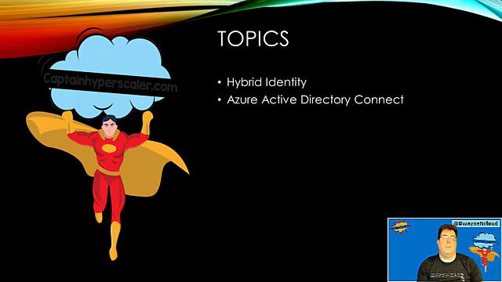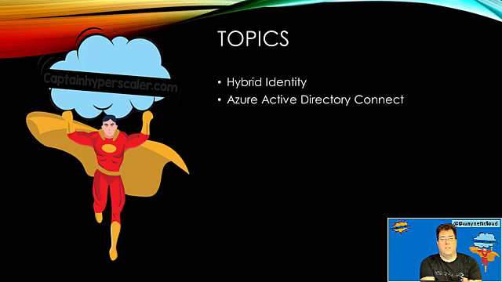So as we continue down our path of zero trust model and defense in depth and all of our security features in Azure, we're going to wrap up this week our grouping of Active Directory and identity management services within the Azure environment with Azure Active Directory, and today we're going to talk specifically around the hybrid identities.